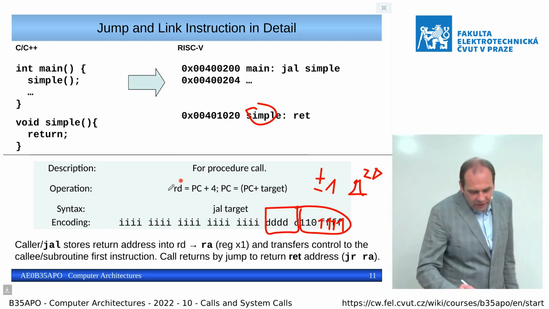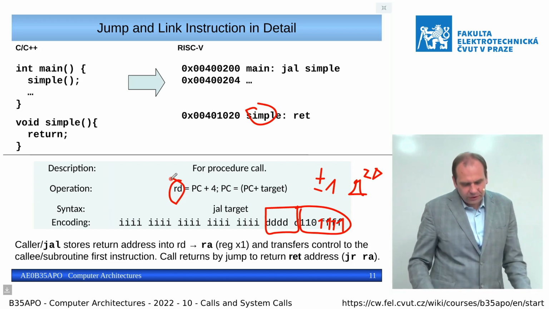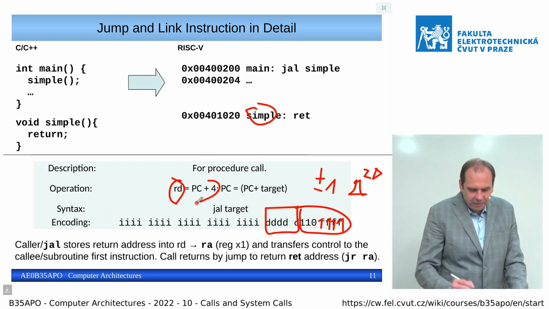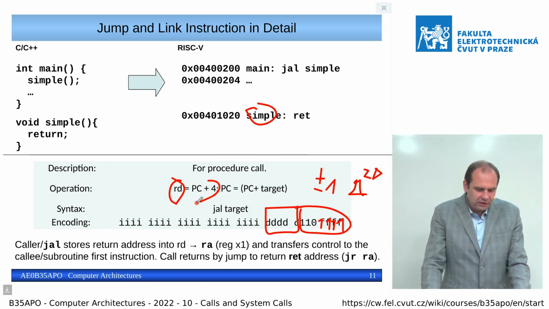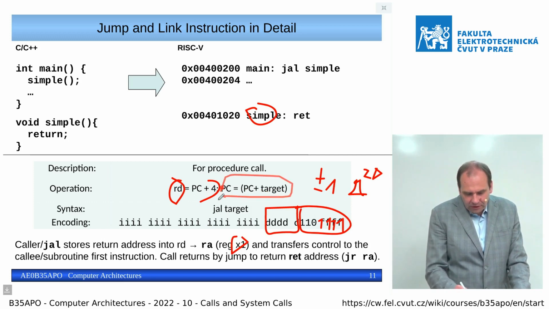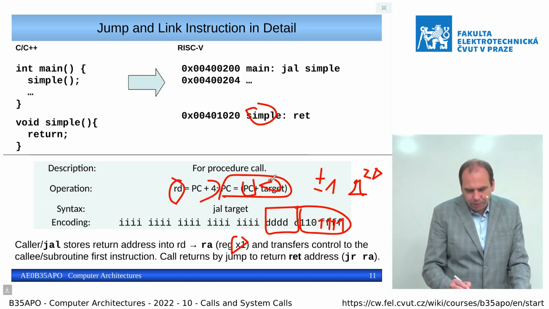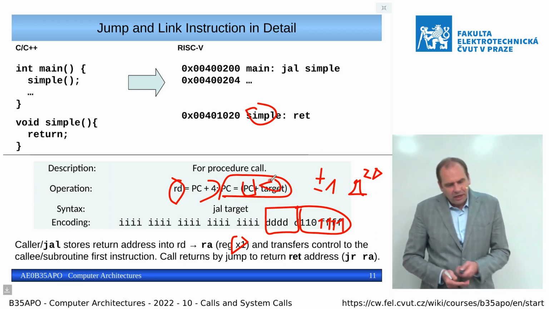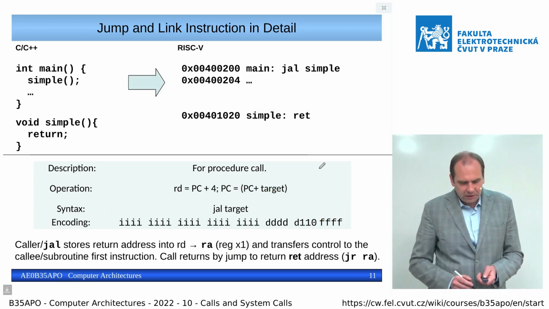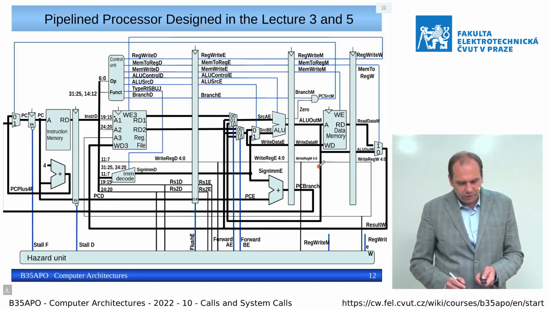So in fact it is possible to select a different register to store the address after the branch instruction than the return address register, but typical is the return address register X1. And the program counter is modified to point to the address program counter plus target address. It is much cleaner and easier than on MIPS. MIPS has somewhat more complex rules for calling.